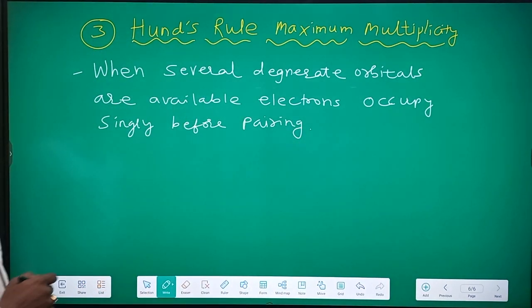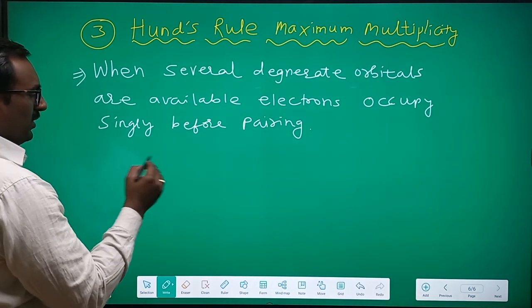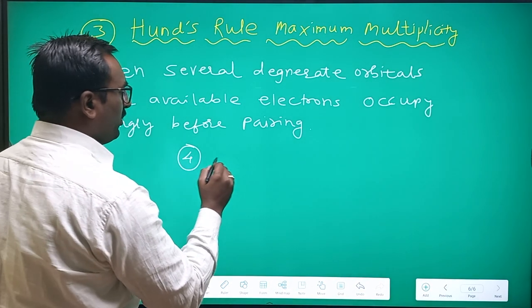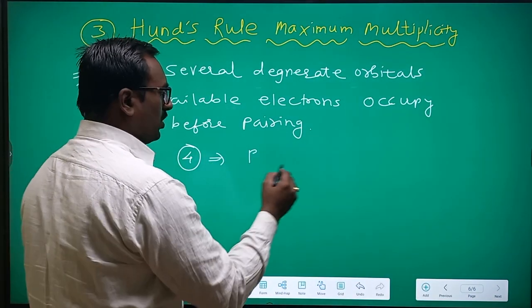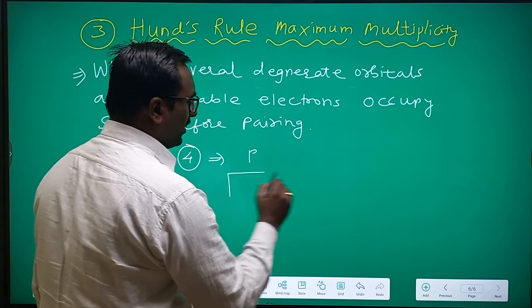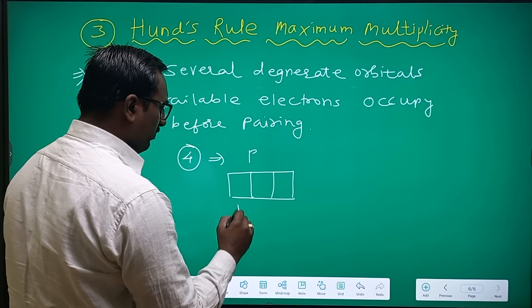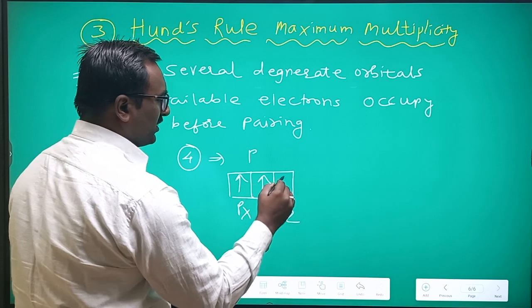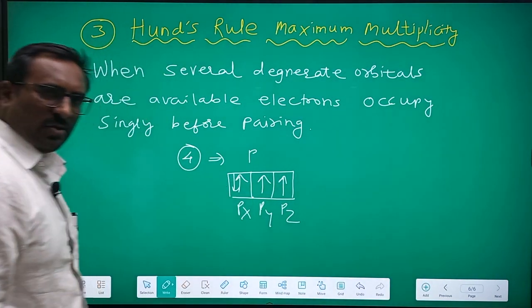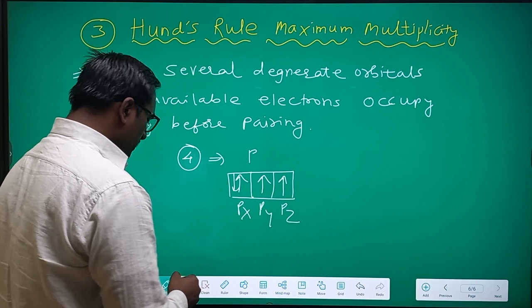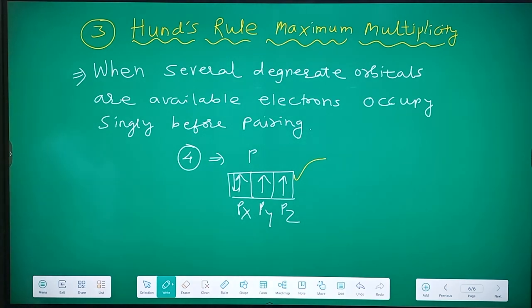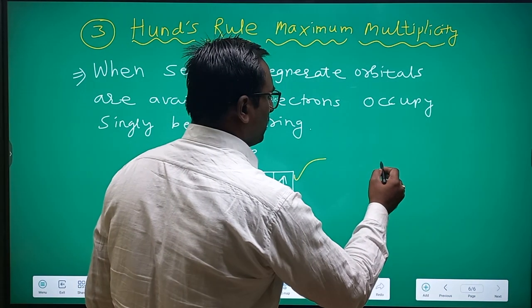First of all, we have an example. Suppose I have 4 electrons in p orbital. So how are they distributed? We know that p orbital has 3 orientations, px, py and pz. So 4 electrons are distributed like this. This is the correct arrangement of electrons. Now suppose I have d orbital.